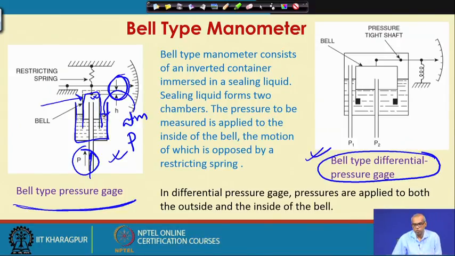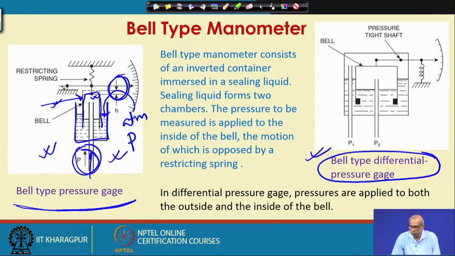So, the movement of the bell here was the result of this application of this pressure as well as the atmospheric pressure that is working from the outside of the bell. So, in case of differential pressure gauge, we have to connect the pressure gauge to two different pressure sources. I will apply one pressure inside the bell and another pressure from outside of the bell.